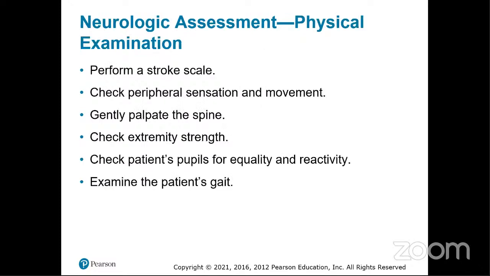We're going to perform the stroke scale. We'll go over that when we talk about strokes. There's the Cincinnati stroke scale, which is what most people use, and the Los Angeles stroke scale, and there's one other one, but most people use the Cincinnati. We'll go over that when we hit strokes.